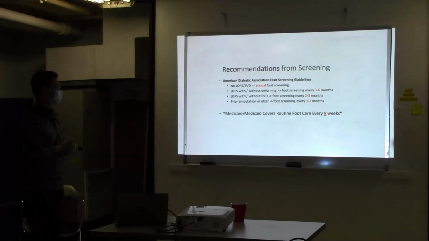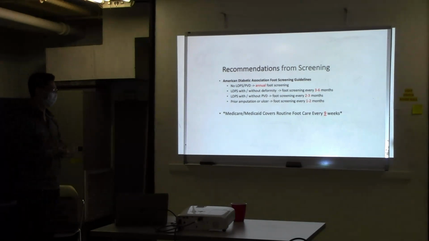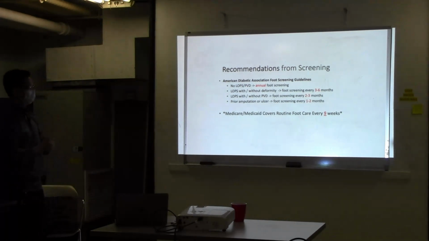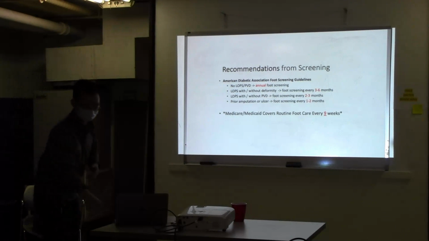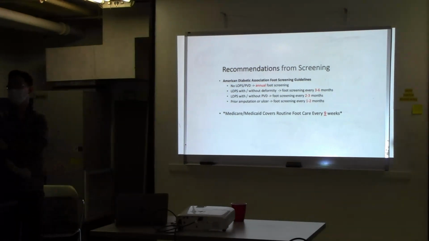If they have any prior history of amputation, ulcer, or end-stage renal failure, we want to see the patient every 1 or 2 months. Based on Medicare, Medicaid guidance, it's every 9 weeks. Can I just explain, LOPS, loss of protective sensation, and PVD, peripheral vascular disease.